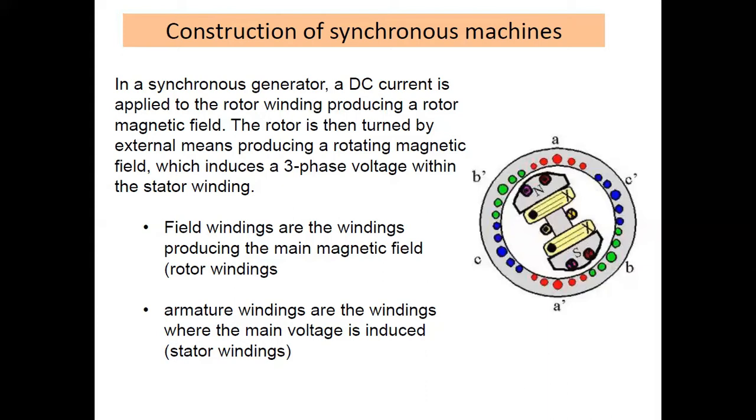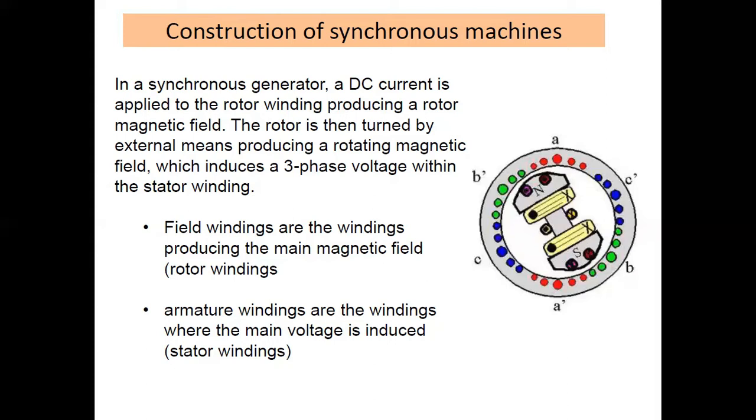As armature conductors have a closed circuit path, there will be an induced EMF in the armature circuit, and due to the induced EMF, we can have armature current in the circuit, which we extract for the load. So this is the very basic aspect of construction and working principle of synchronous generator.